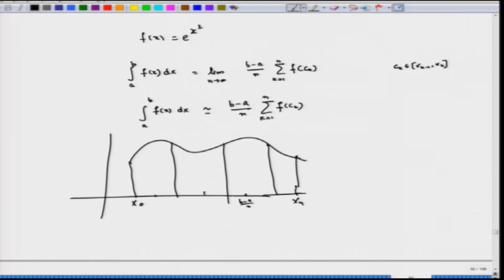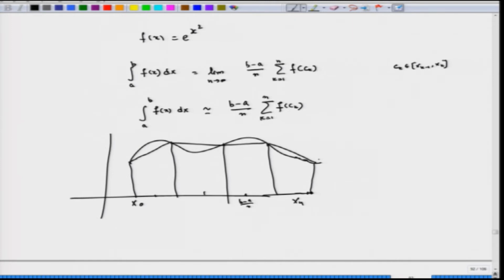My figure may be a little off, so let us take x n a little further down, and then they become equal. Another way of finding the approximation is to join this line, this, this and this.